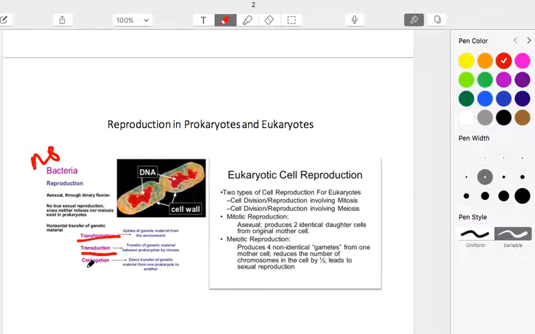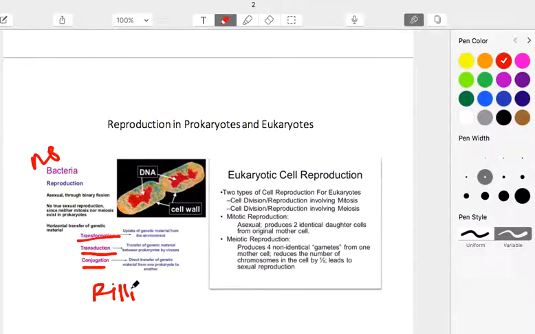Conjugation is basically a type of sexual reproduction in which DNA is transferred between prokaryotes by means of a pilus. Pili, or pilus, whichever you prefer, is a hair-like appendage found on the surface of many bacteria.